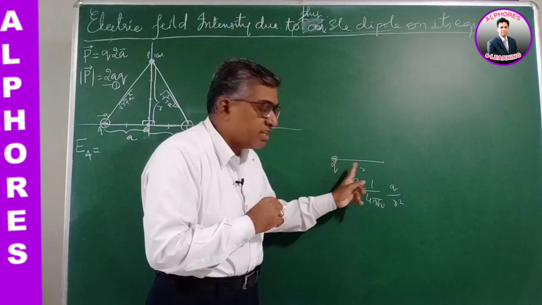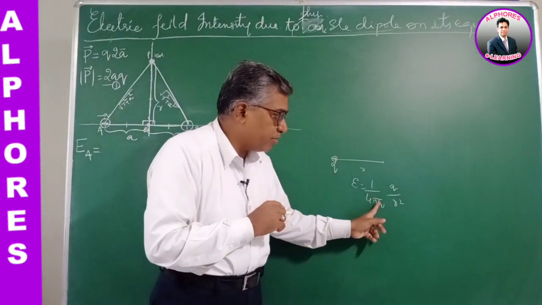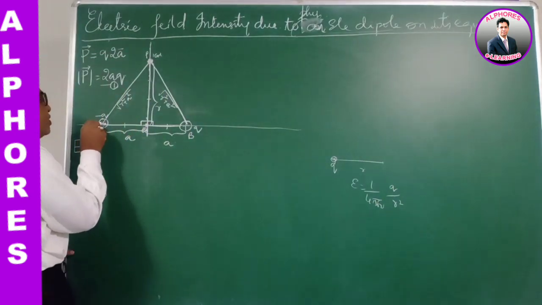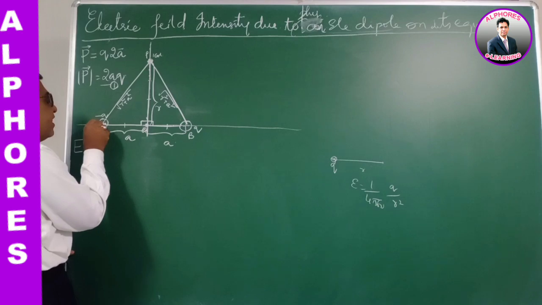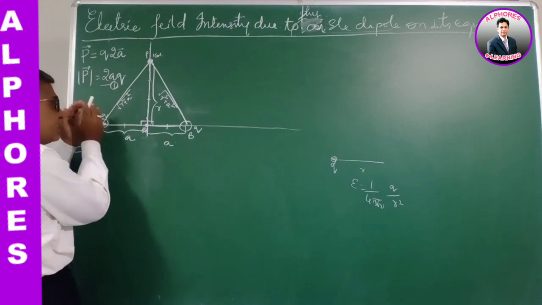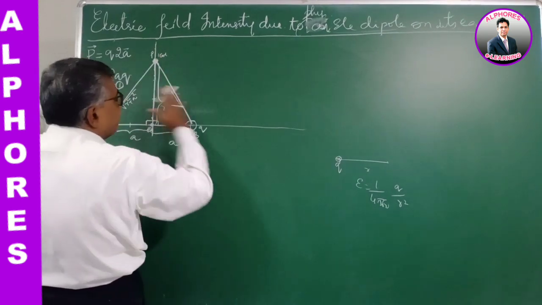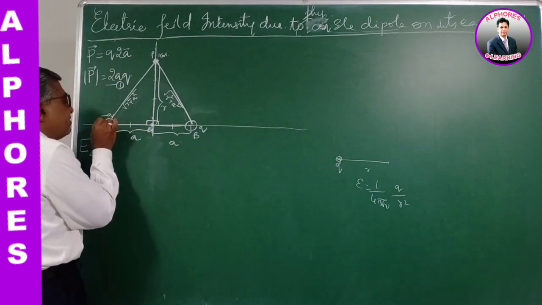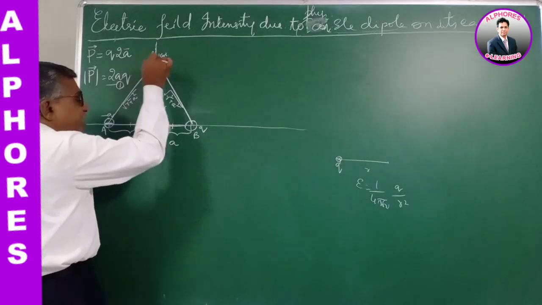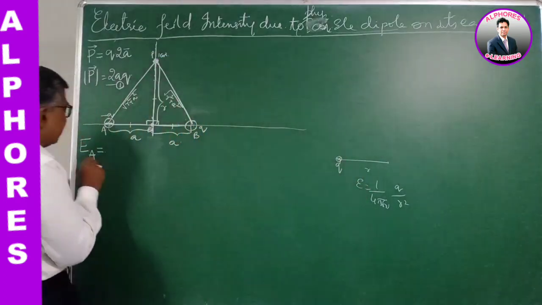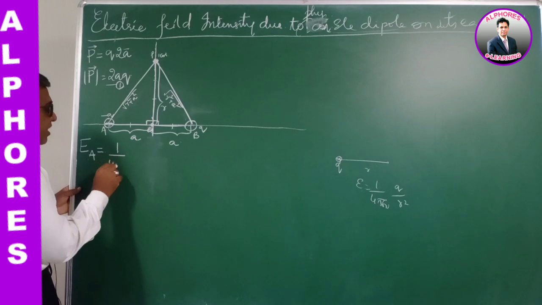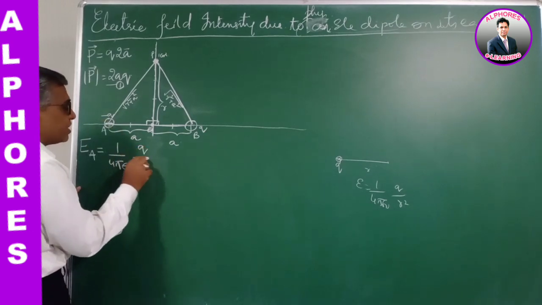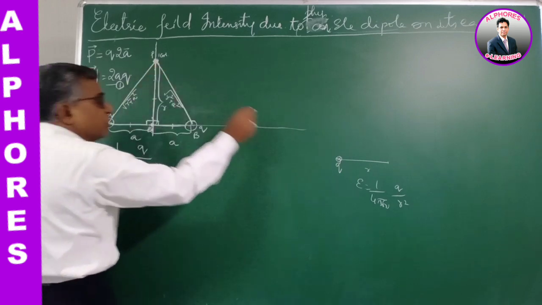So for the negative charge at A, imagining it existing isolated, forgetting all the remaining things, the electric field due to this charge at point P is, according to this formula, EA equals 1 by 4 pi epsilon naught, the magnitude of the charge Q, by the distance squared.